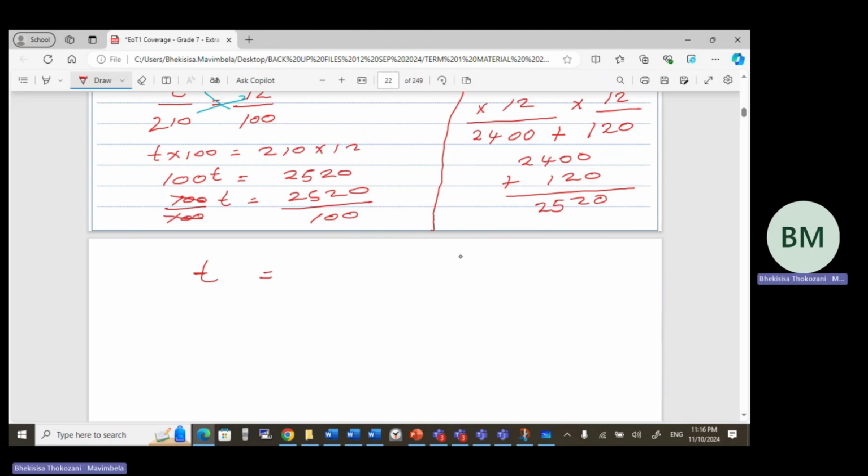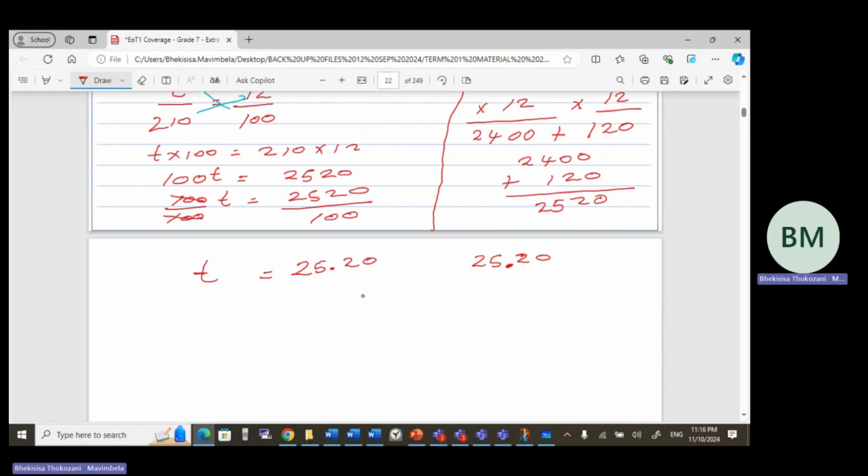And since I'm having 2520, I said there must be 2 numbers after the decimal point. So if I put a decimal point here, we go. Now I have 2520, right? Because I'm dividing by 100. Do not forget that. So my answer is going to be 25.20.